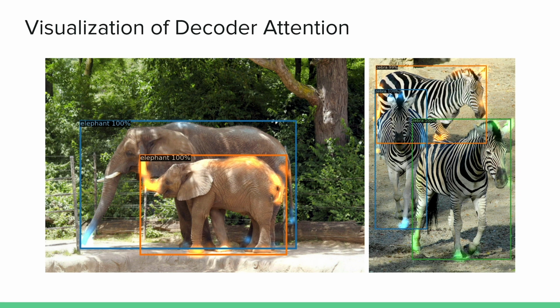When you visualize the decoder attention, you actually understand that this model of doing object detection with transformers is really powerful in that it really understands the input image in a really nice way. For example, for these images where you have occlusion in your input, you can see where the network looks.